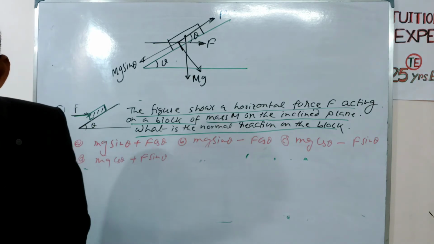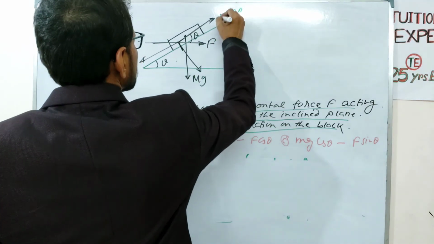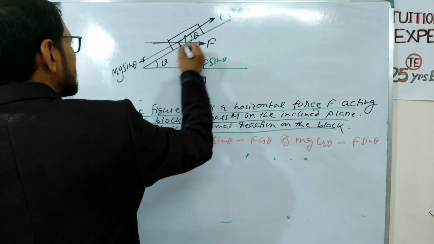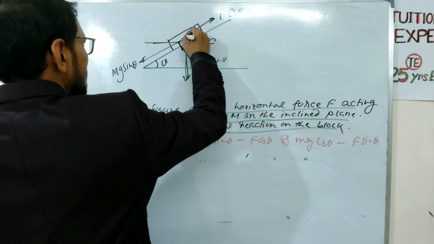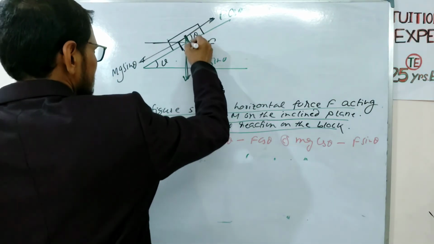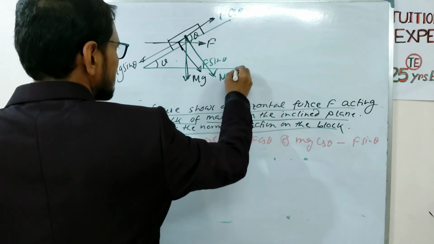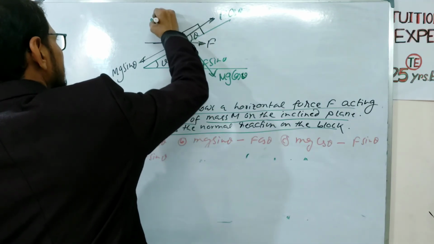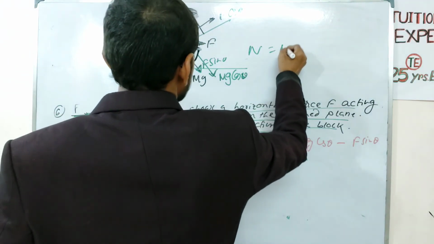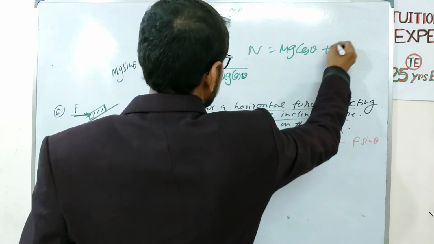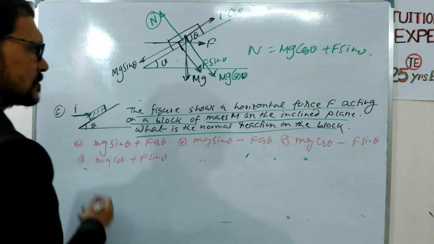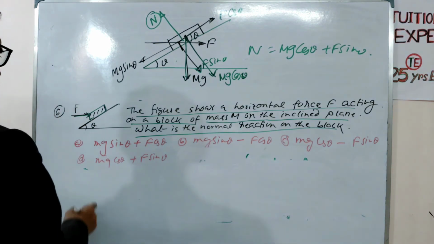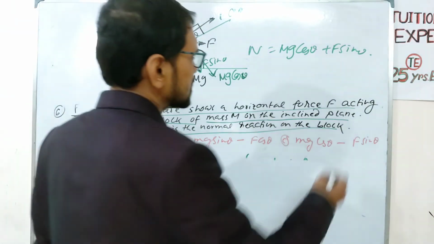So this is F cos theta, and this direction is F sin theta. And mg, resolve mg along two directions. One is mg sin theta and another is mg cos theta. So F sin theta and mg cos theta act in the normal direction. So the normal reaction equals mg cos theta plus F sin theta. Simple question. This is the answer: mg cos theta plus F sin theta.